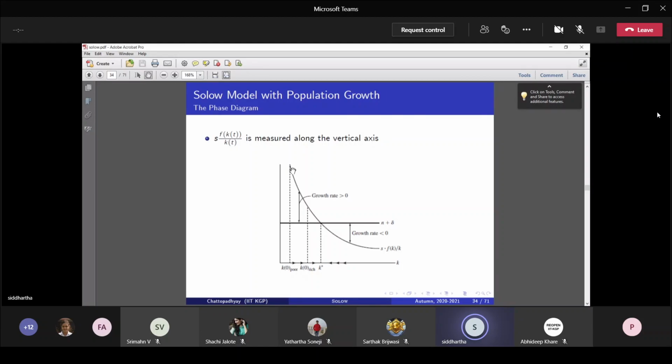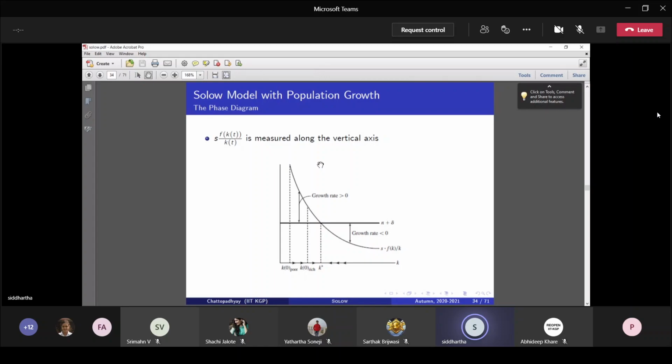And this difference, this dotted line above n plus delta and below SF(K)/K, is graphically the k dot over k, the per capita capital stock growth rate.